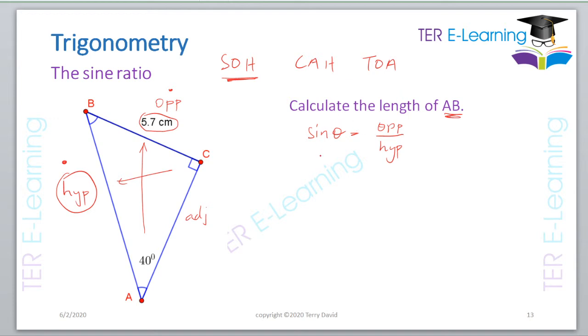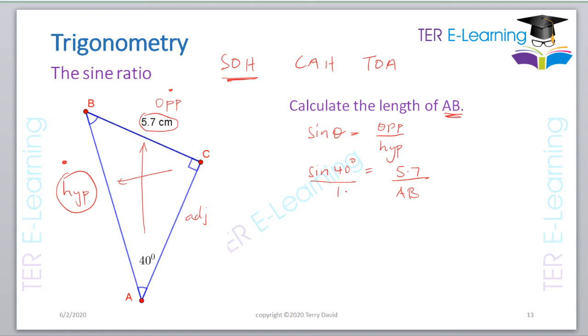We know the angle is 40 degrees. So sine 40 degrees is equal to my opposite side, which is 5.7, divided by my hypotenuse, which I don't know, but we know it is AB. Now we're going to put sine 40 over 1.